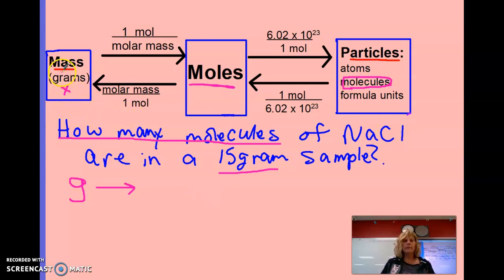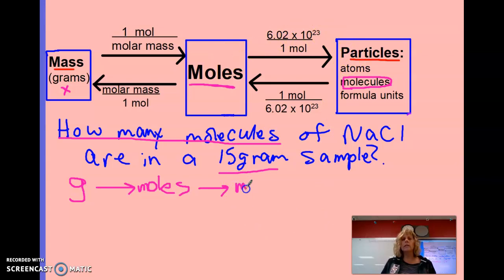So to get there, I have to go from grams to moles, and that will be one conversion factor, this one right here. And then I need another conversion factor to get from moles to particles.